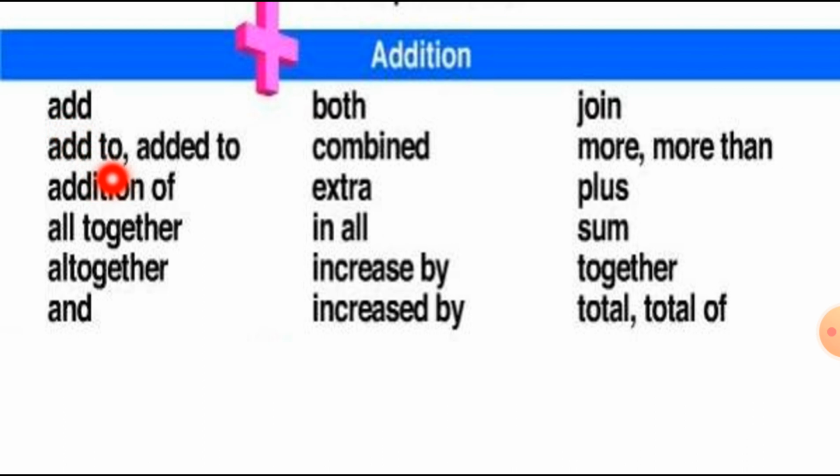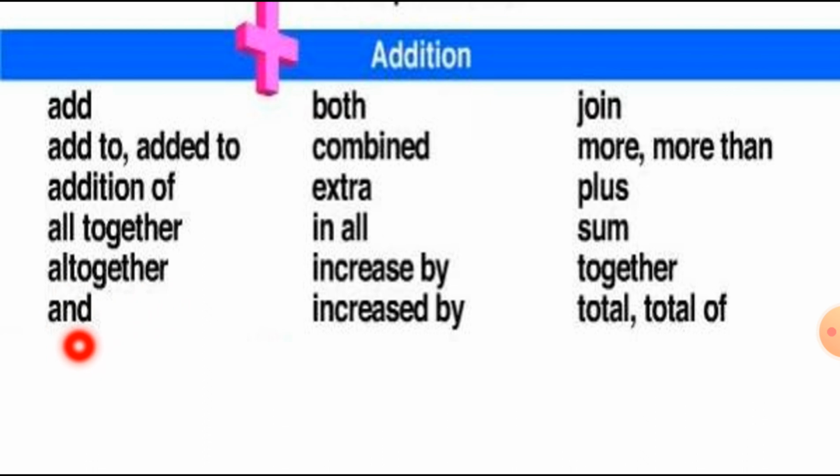Add to, this also indicates the addition. Added to, this is also an addition keyword. Addition of, this is also a keyword. Altogether, whenever you find the word altogether in the sum, it indicates the addition.